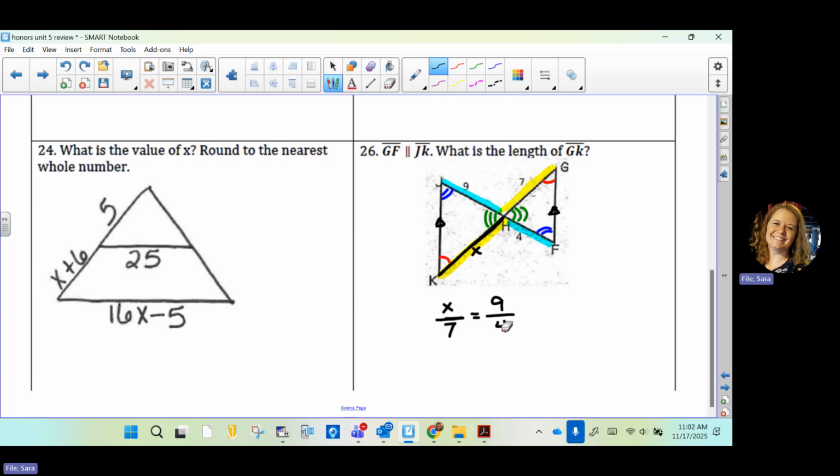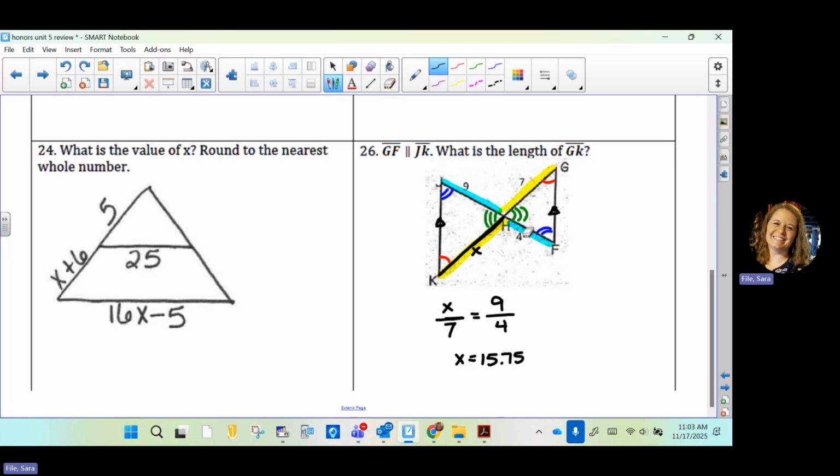Does that make sense? Now, if I solve it this way, I'm doing 7 times 9 divided by 4. And so I'm getting that X is 15.75. If you messed up and you set the 4 over 9, you would have ended up doing 7 times 4 divided by 9, which comes out to like 3 point something. That should clue you in that you made a mistake because you're getting a smaller side here.